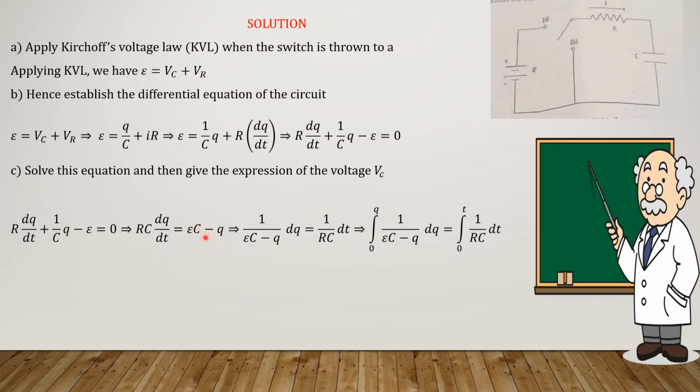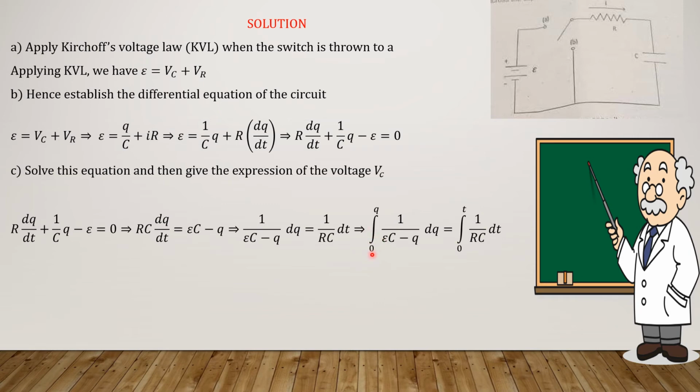From here we divide both sides by EC minus Q. So this goes down here and this comes down here as well, and dt goes up. So we have this here. Integrating both sides now. Initially the charge on the capacitor was 0, so initially there was no charge stored by the capacitor.